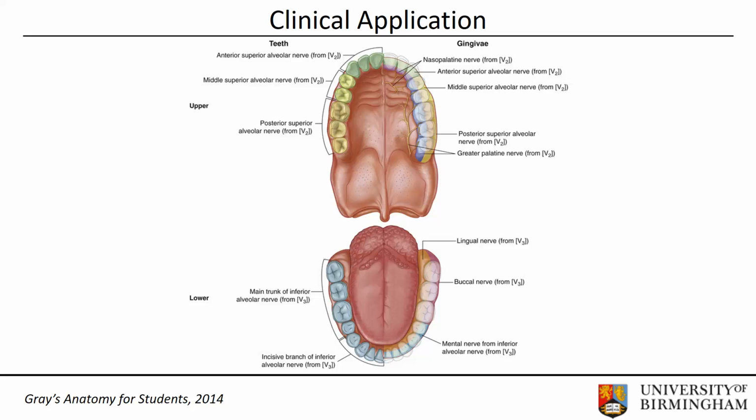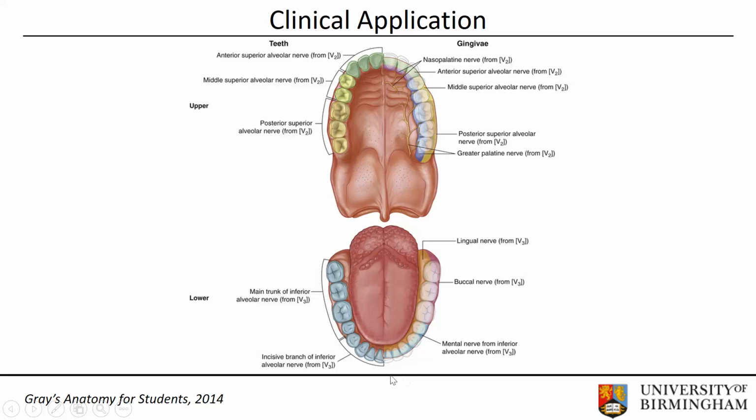That is why we need to know the location of the lingula, whereas the maxilla is a porous bone, so the solution will be absorbed, and this helps us a lot in achieving the anesthesia of the maxillary teeth.